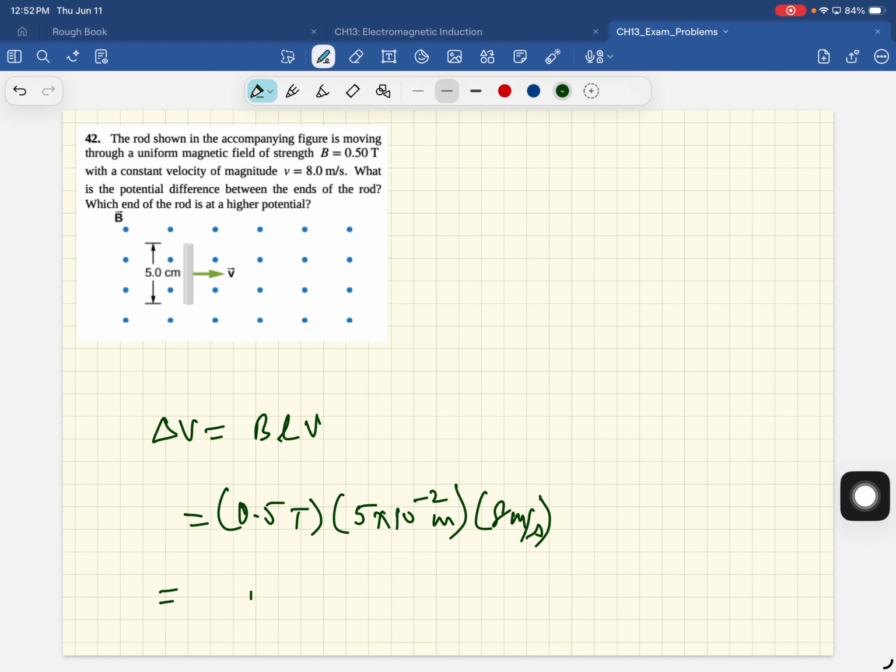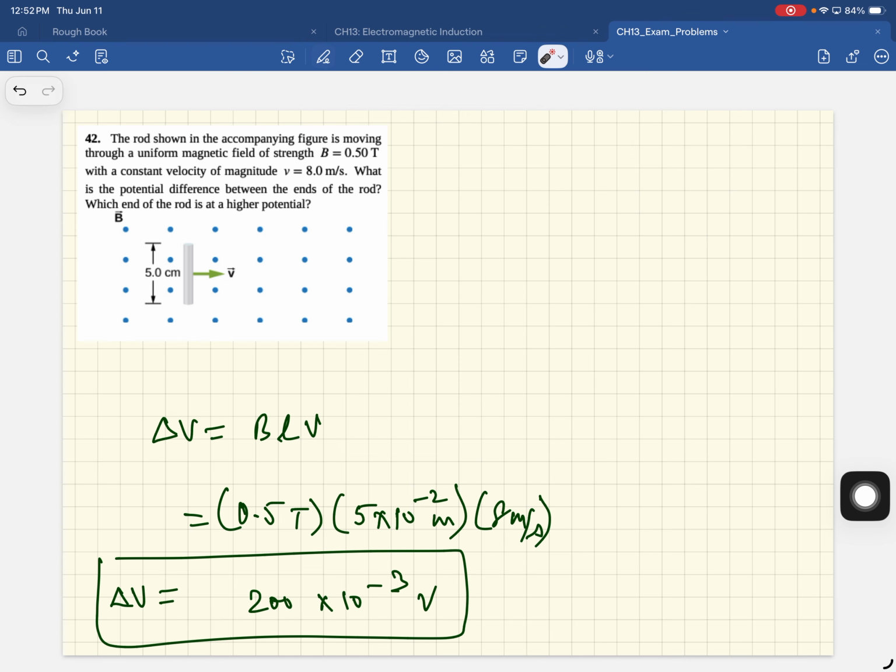This is the magnetic force, the electric field is like that. All right, the electric field times the length of the rod is the voltage. So the strength of the electric field is that.